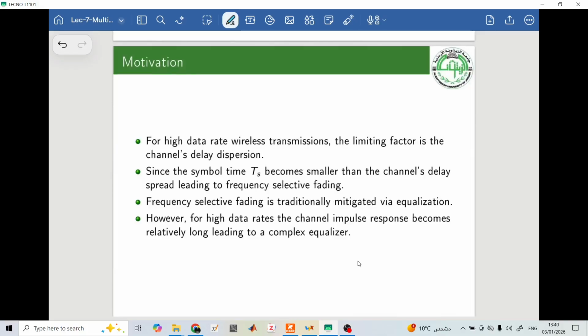So as a motivation for multi-carrier systems, when we have a high data rate system, the limiting factor is the delay dispersion, which causes intersymbol interference, and this also causes wideband fading, right?